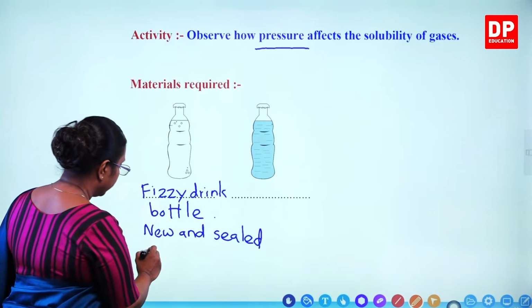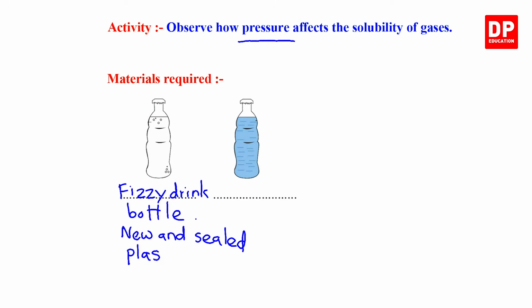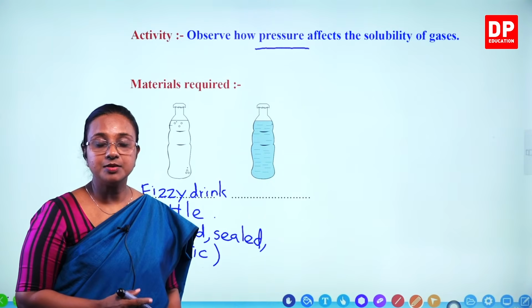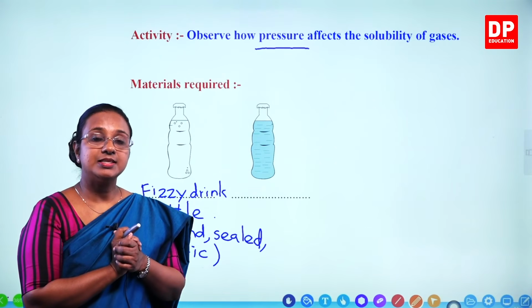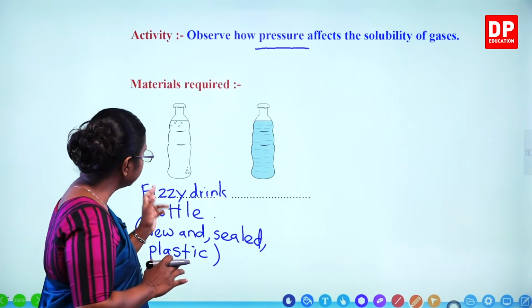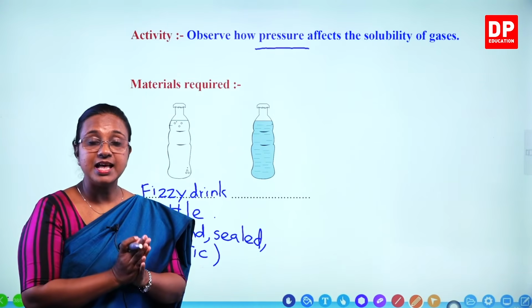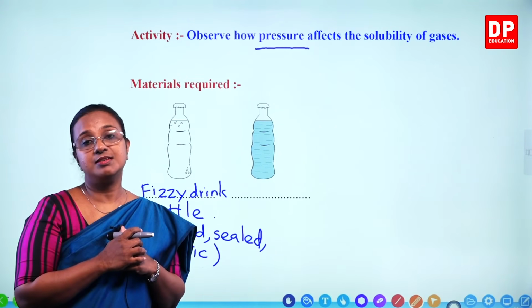And also it has to be a plastic bottle. Okay, so it has to be new, it has to be sealed, and it has to be a plastic bottle, so that we know that there is gas dissolved. When I say fizzy drinks, the meaning of fizzy is that it has a lot of gases dissolved in it.